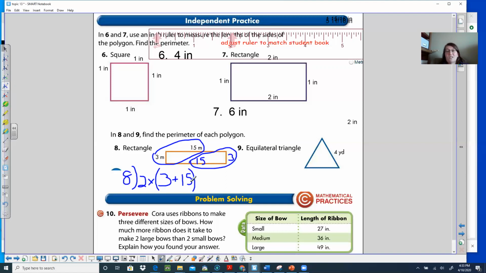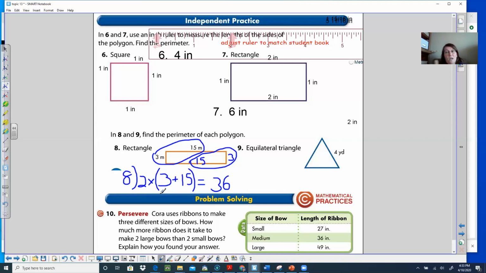So 3 plus 15 is 18. And 18 times 2, that might be a little tricky, but 2 times 8 is 16. And then I got to keep track of that extra 1. Double that, double 10, I have 20, plus I have that 1 more that I was carrying, and that is 36.